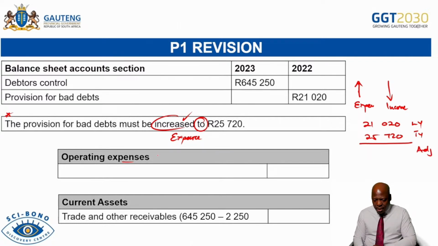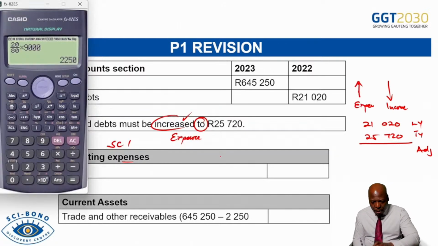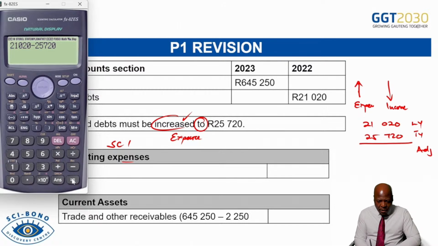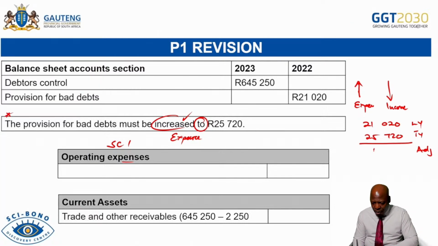That is the adjustment that goes to your statement of comprehensive income. So I'm going to come here and I'm going to now say on my calculator, 21,020. And then I'm going to subtract the 25,720. The difference is 4,700. And know that once it's an increase, it is an expense.